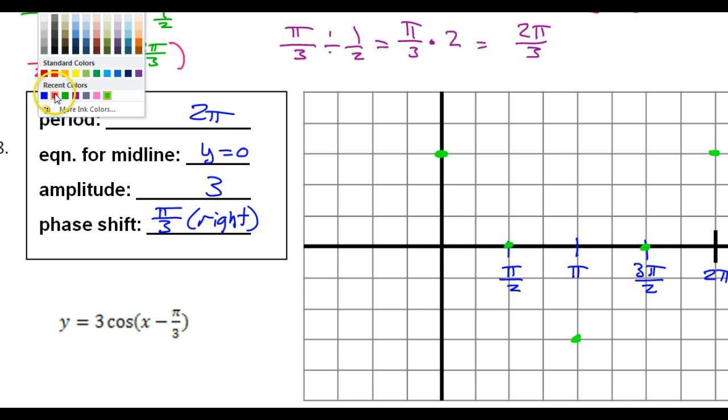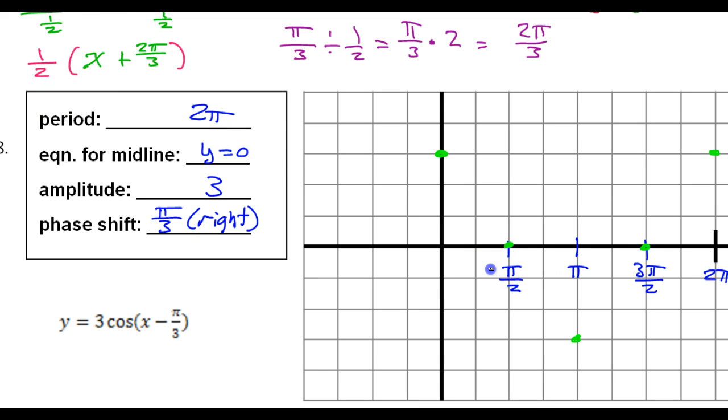Well, it helps to consider what this next value is in between. So if this is pi over 2, then right here would be pi over 4. So you can bet that pi over 3 is going to be between pi over 2 and pi over 4.